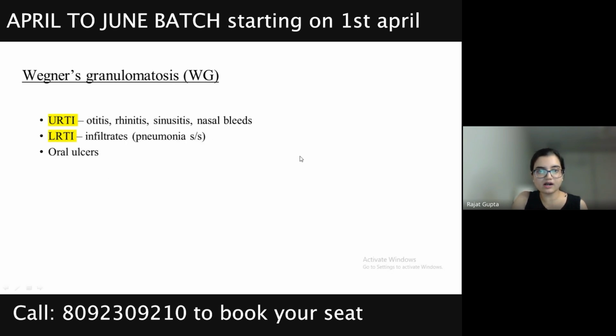Okay, so what are the clinical findings? So with WG, you're going to get upper respiratory tract symptoms as well as lower respiratory tract symptoms. If it's upper respiratory, you're going to get things like sinusitis, rhinitis. Lower respiratory is more like pneumonia. Okay, you're going to get oral ulcers here.